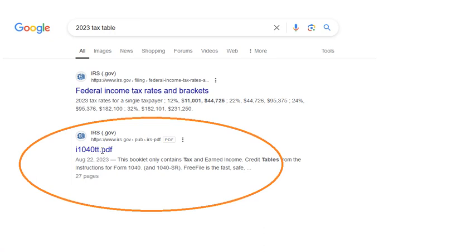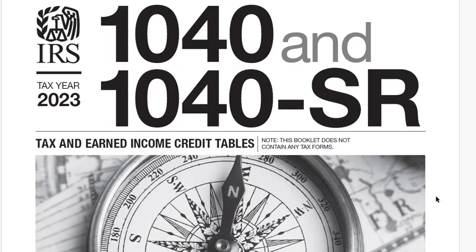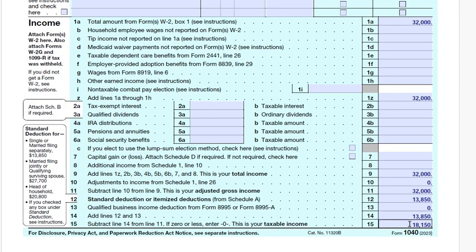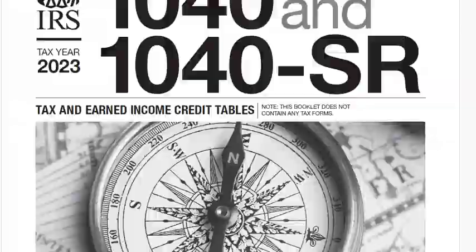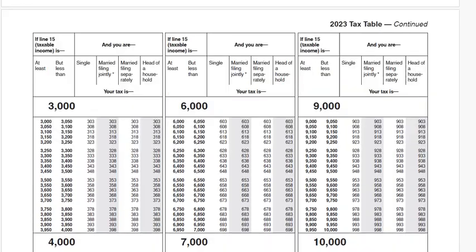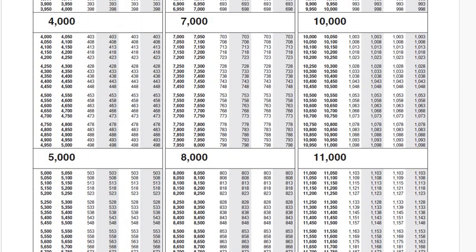This is the link for the tax table. And then this is the tax table. The taxable income is $18,150. So we'll scroll down until we see 18,150.